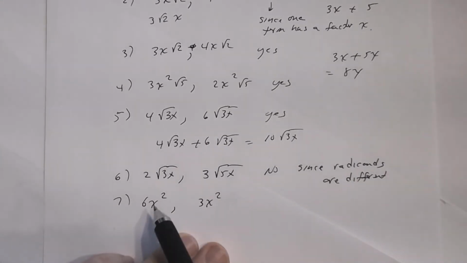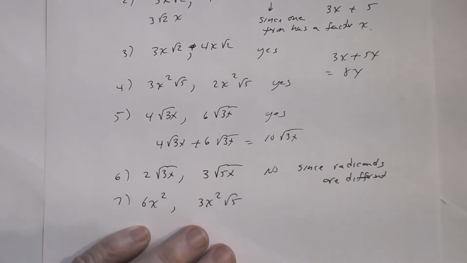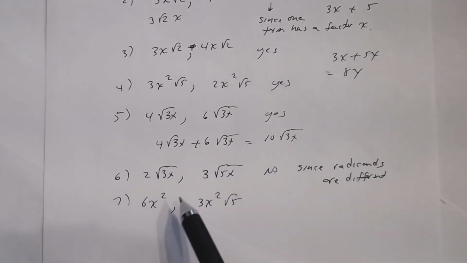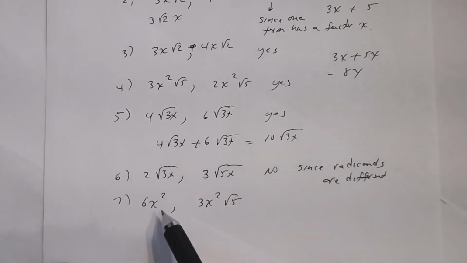Yes, because 6x squared plus 3x squared is 9x squared. But the fact that there's a square root makes things a little bit more challenging for us. So remember, like radicals, see this has a radical and this does not, right? So the fact that this has a radical and this does not automatically says that those are not like terms.